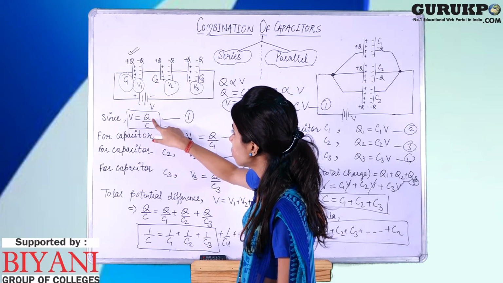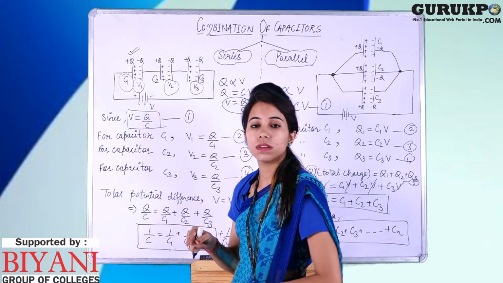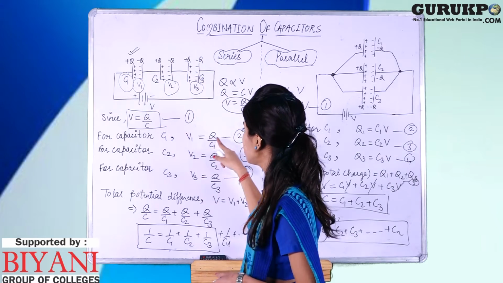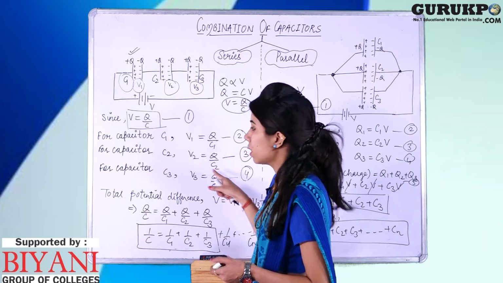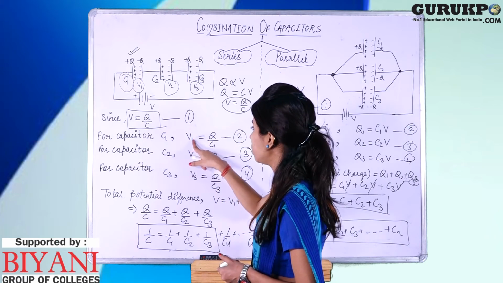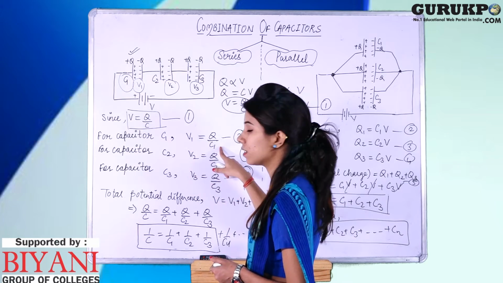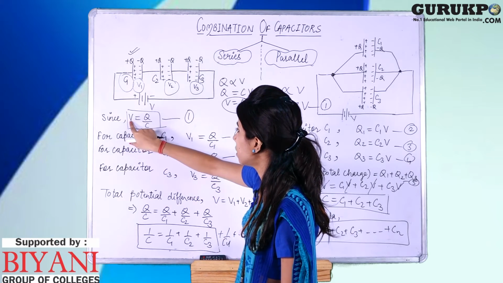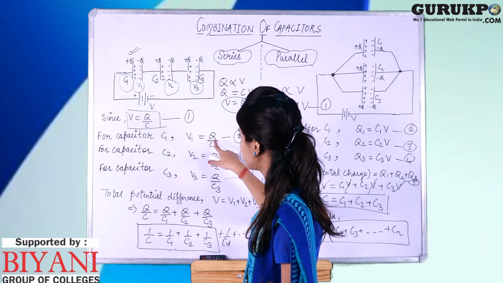V1 will be equal to Q by C1, because the charge will be the same in all 3 capacitors. So Q will be the same in all 3 cases, and what will vary is V and capacitance. So for the first capacitor, V1 will be equal to Q by C1.